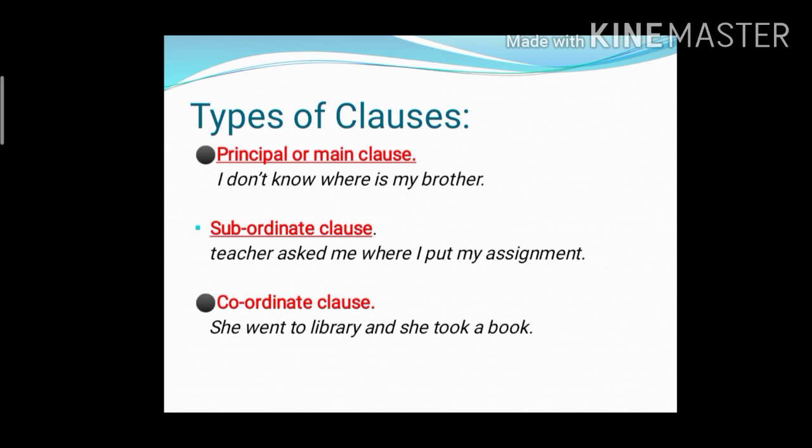Here: she went to the library and she took a book. Here we have joined two clauses. The first is she went to a library and the second one is she took a book. Both the clauses should be referred to as coordinate clauses, because both have been joined by a coordinating conjunction.